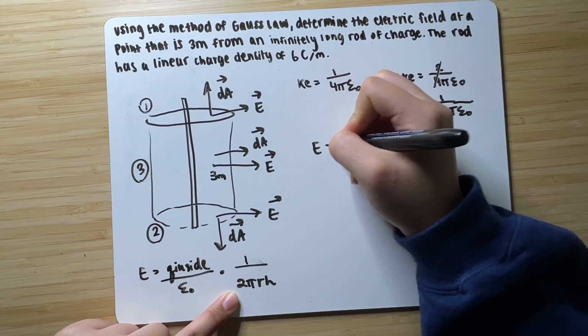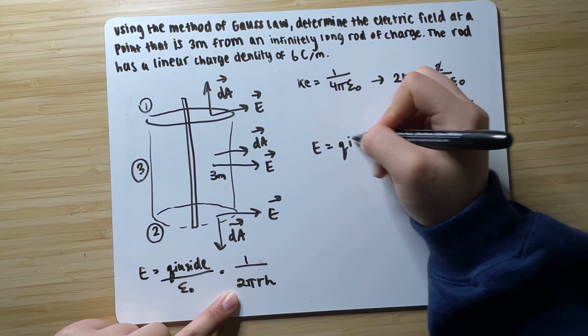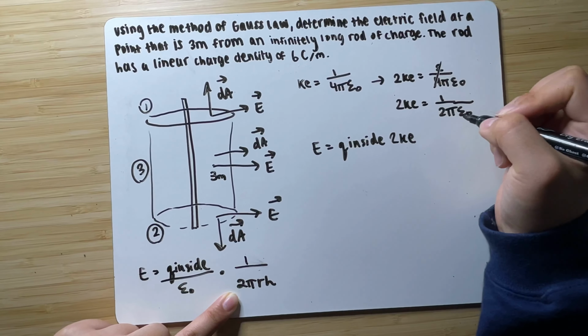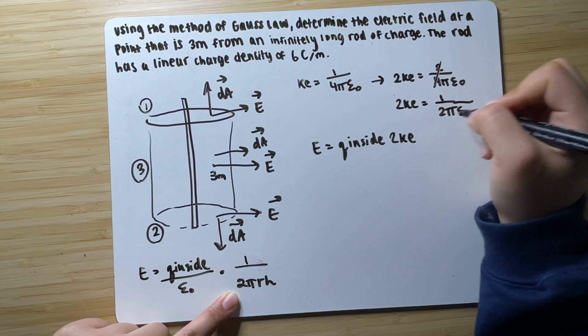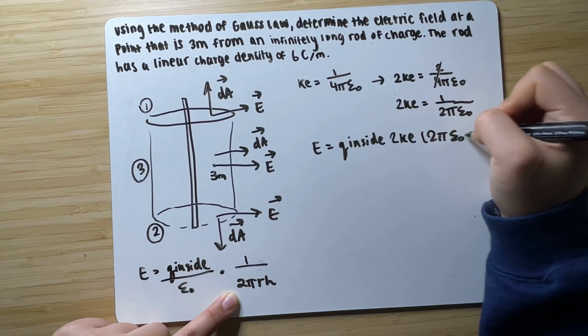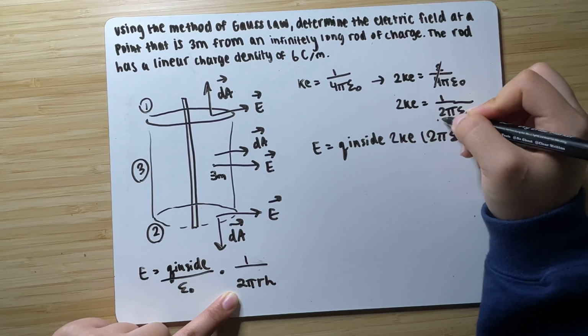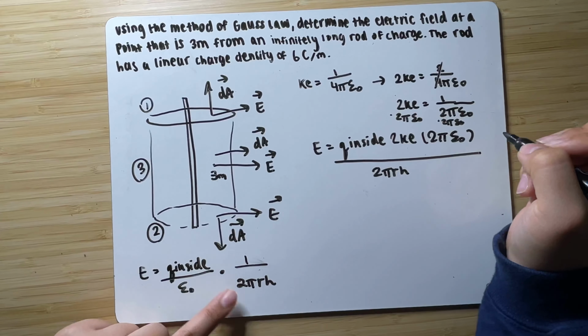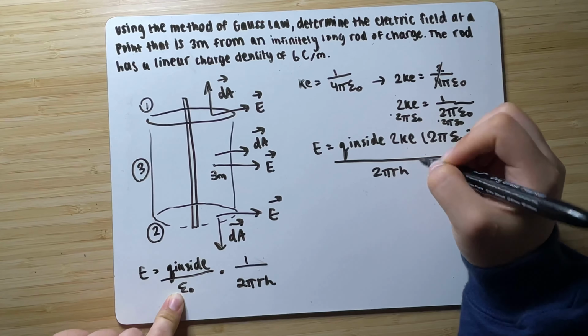Now we're making life easy because Q inside is 2KE times 2 pi epsilon naught, because if you divide 2 pi epsilon naught on both sides, you get 1, right? So that over 2 pi RH and epsilon naught over here.